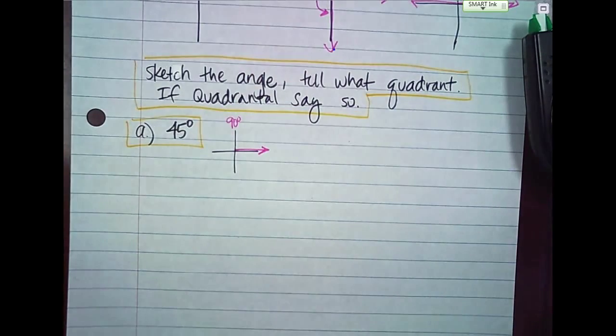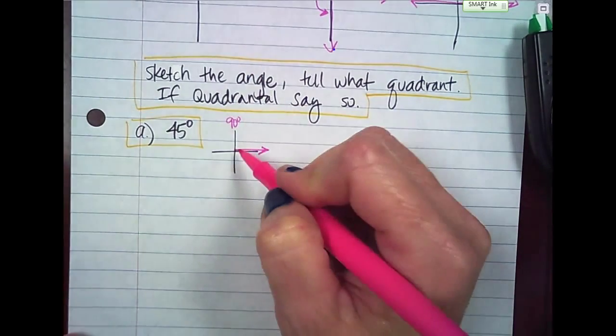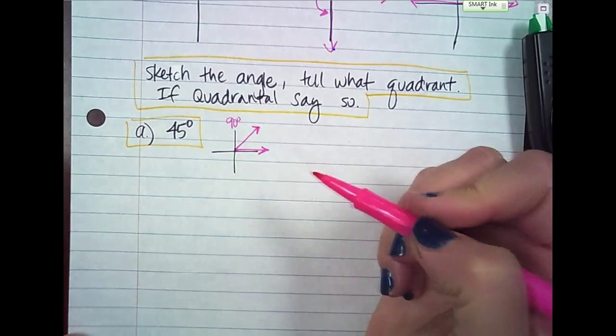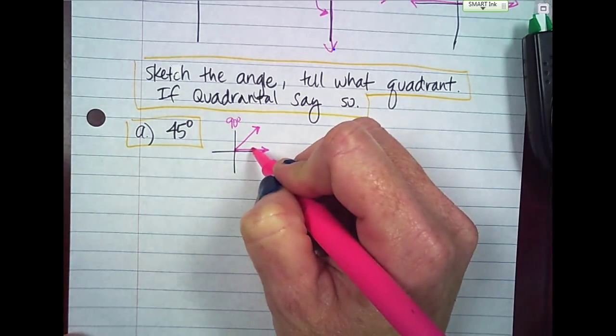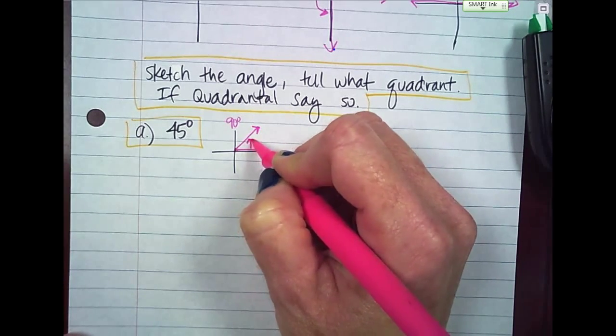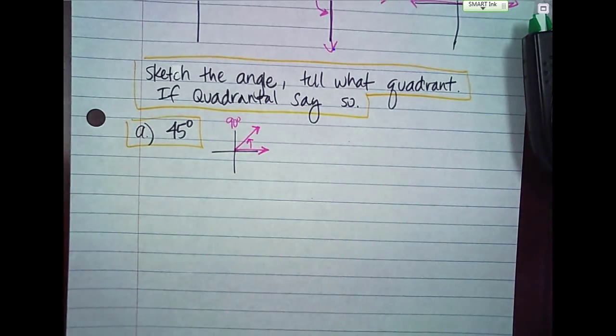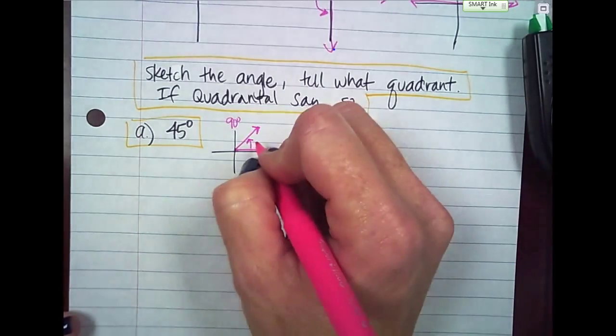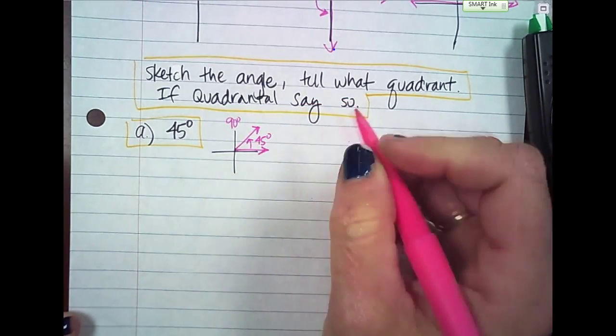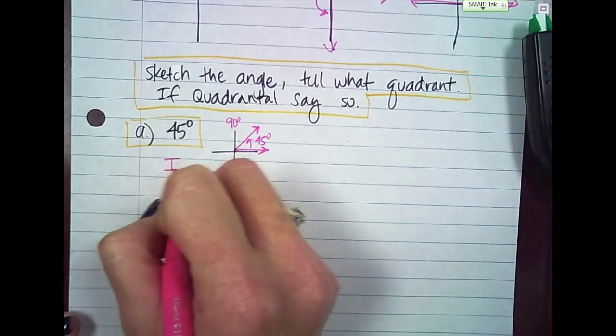Are we going to go all the way to 90? No, it's going to fall somewhere here. So you start it and show me where you started. Started at 0 and I went to 45 degrees. And what quadrant is that? A 45-degree angle, what quadrant am I in? Quadrant 1.